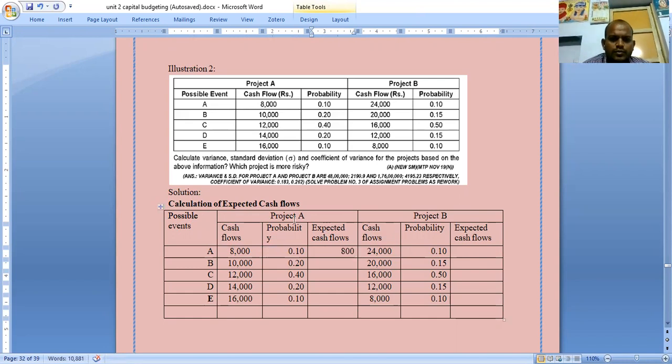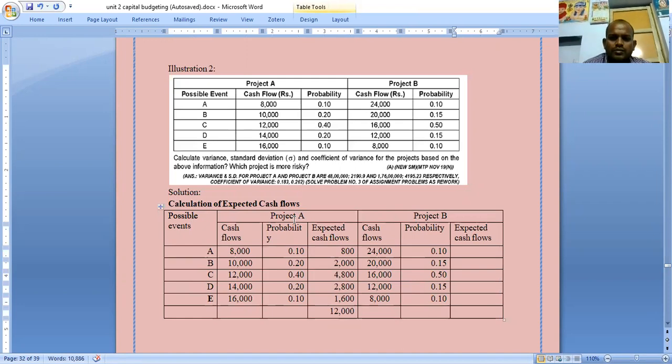So 10,000 into 0.2, 2000. 12,000 into 0.4, 4,800. And 14,000 into 0.20, 2,800. 16,000 into 0.10, 1,600. The total expected cash flows of project A is 12,000.